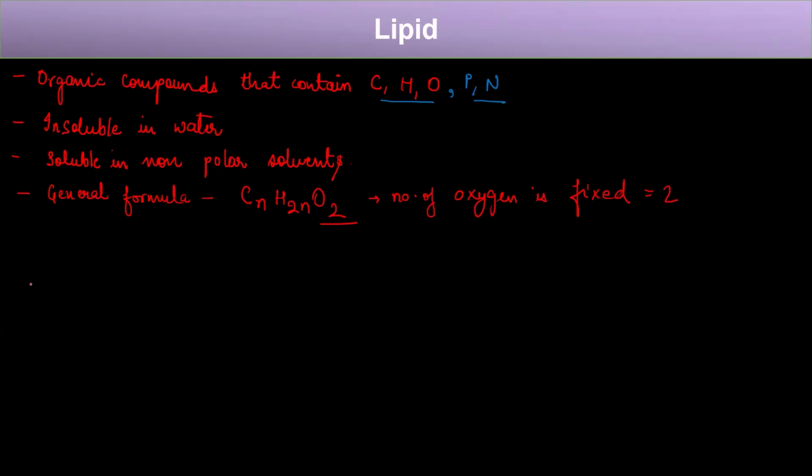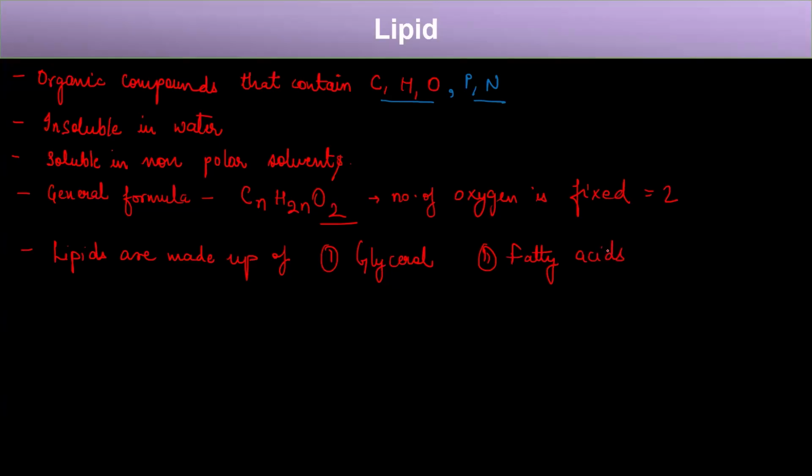Now, what are lipids made up of? Lipids are made up of two components. The first one is glycerol, and the second is fatty acids. And how can we digest or hydrolyze lipid?